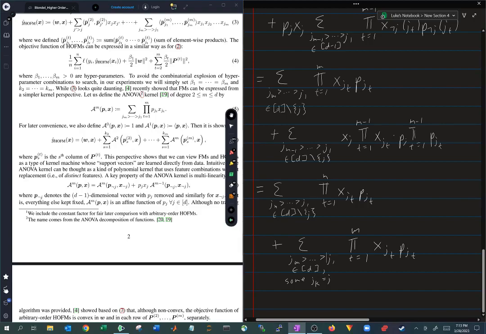If we want xj and pj to be incorporated into these products, then we need an extra index here, some extra jk which is guaranteed to be equal to j. So instead of m minus 1, we're going to have m, because one of these jk's is going to become that j.